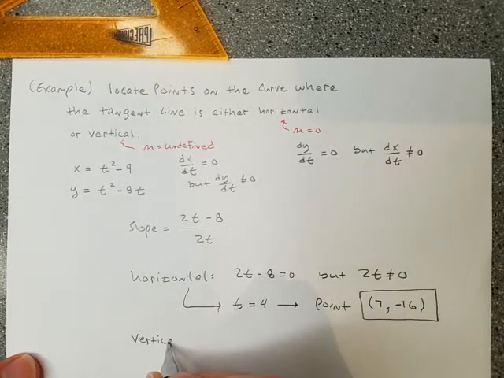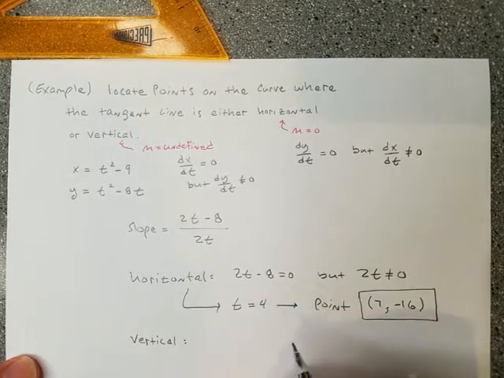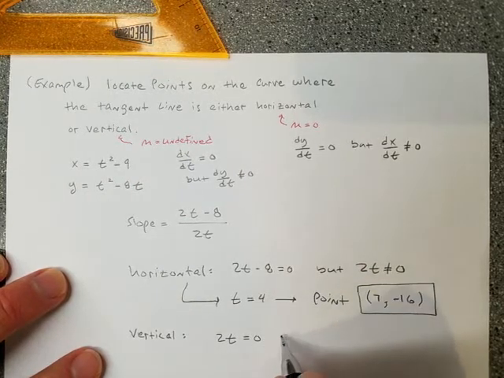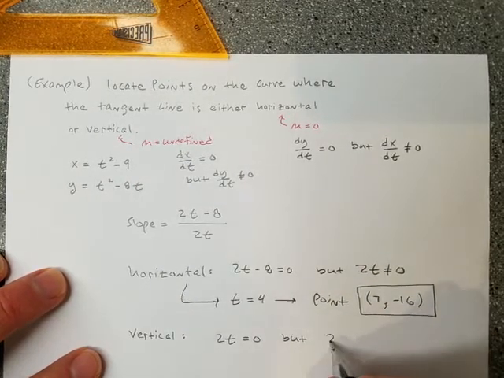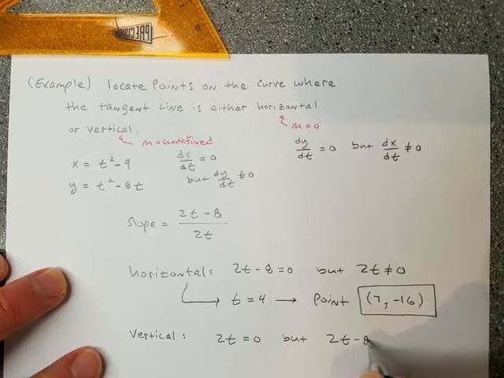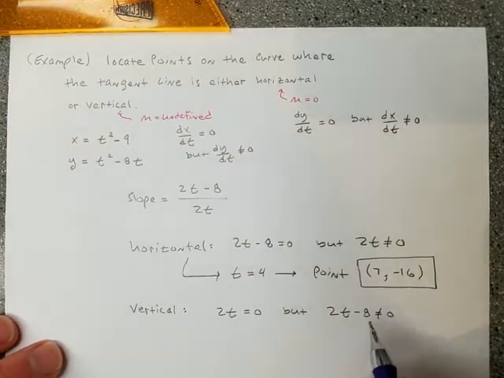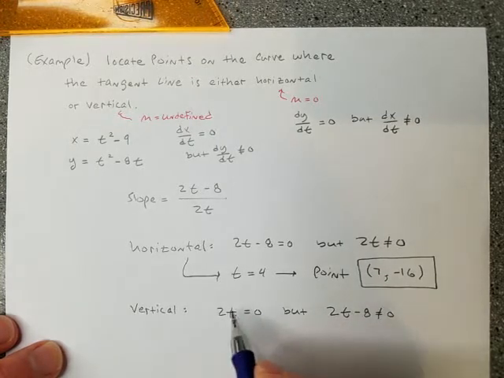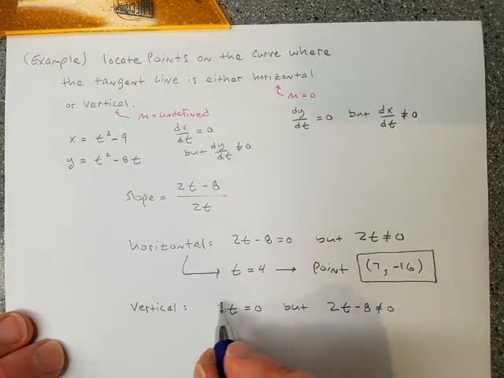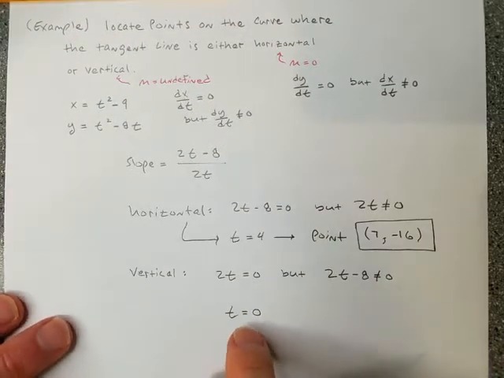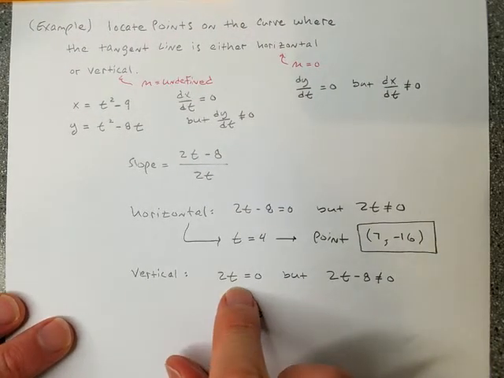And vertical, I need the opposite. I need 2t to be 0, but 2t minus 8 to not be 0. Whatever makes this 0 is not going to make that 0, so we should be okay to solve that. In fact, what makes this 0 is t equals 0. But let's make sure. If you let t be 0, is this 0?